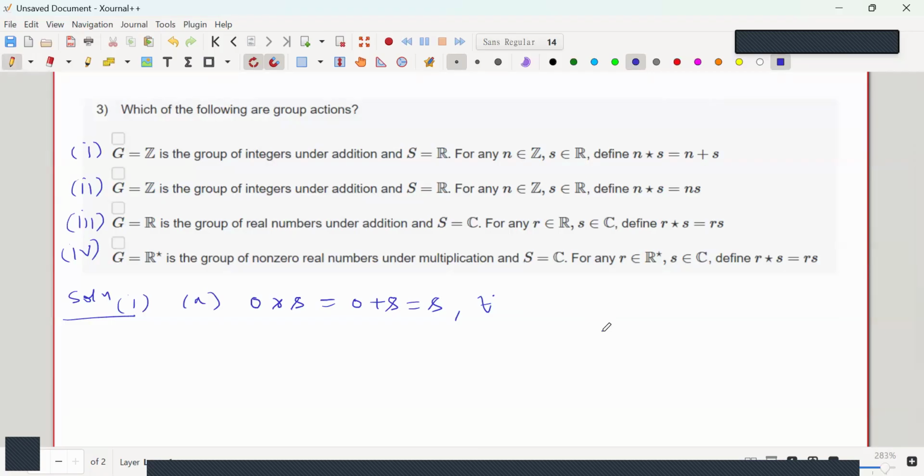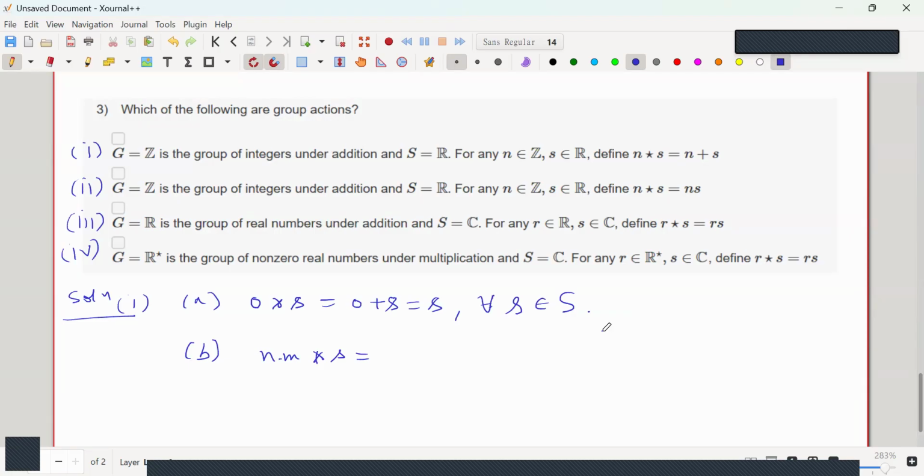And the second one is n star m star s, with respect to the group operation.